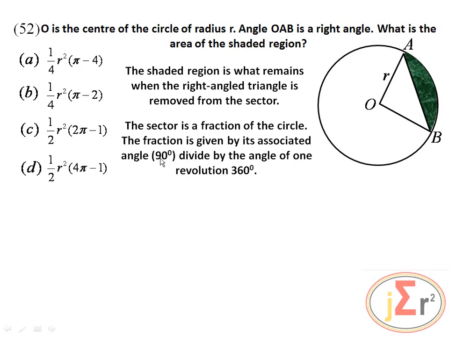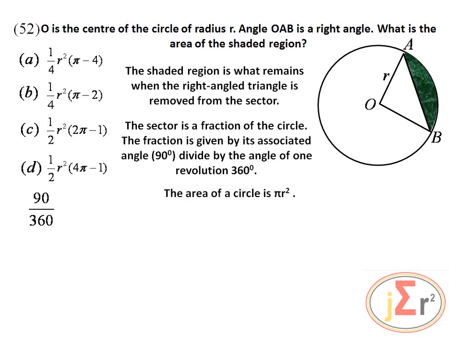That is, the fraction that this angle represents of the entire 360 degrees revolution. So there we have the fraction. That is the fraction that we need to multiply by the area of the circle.